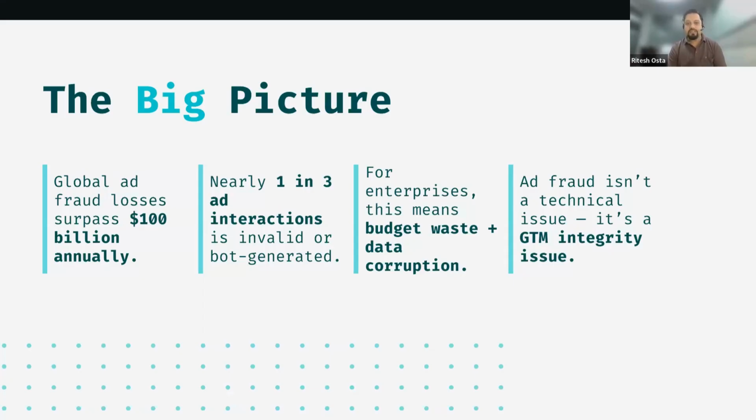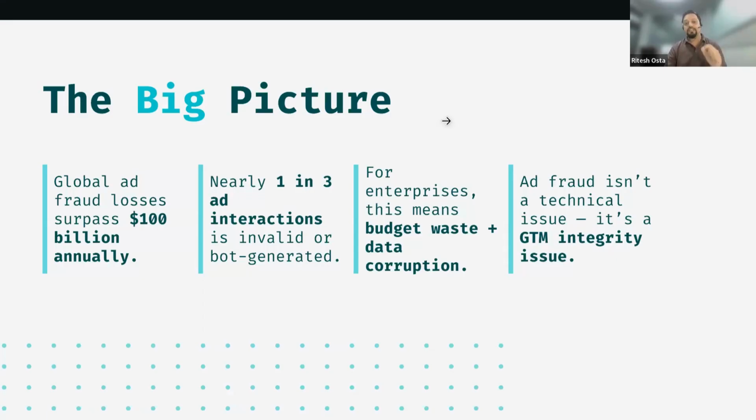And the system has understood that. And when I use the term system, I mean a lot of other stuff. Okay, and I'll talk more about it. So nearly 1 in 3 ad impressions and clicks are either invalid or bot generated. That means there are bots doing this, or it is completely invalid, just spam.